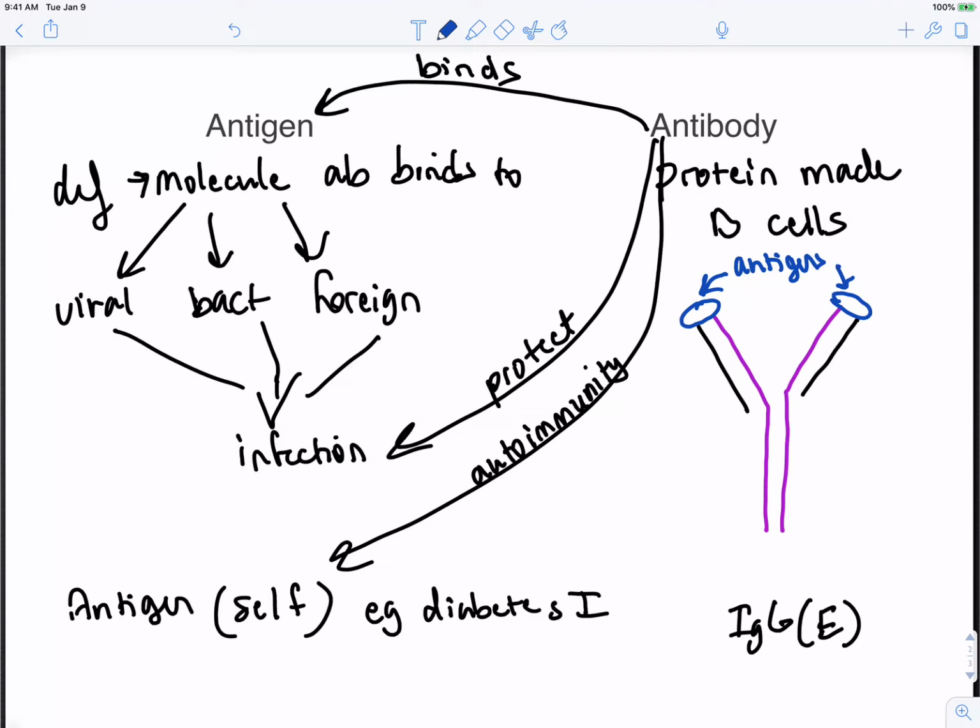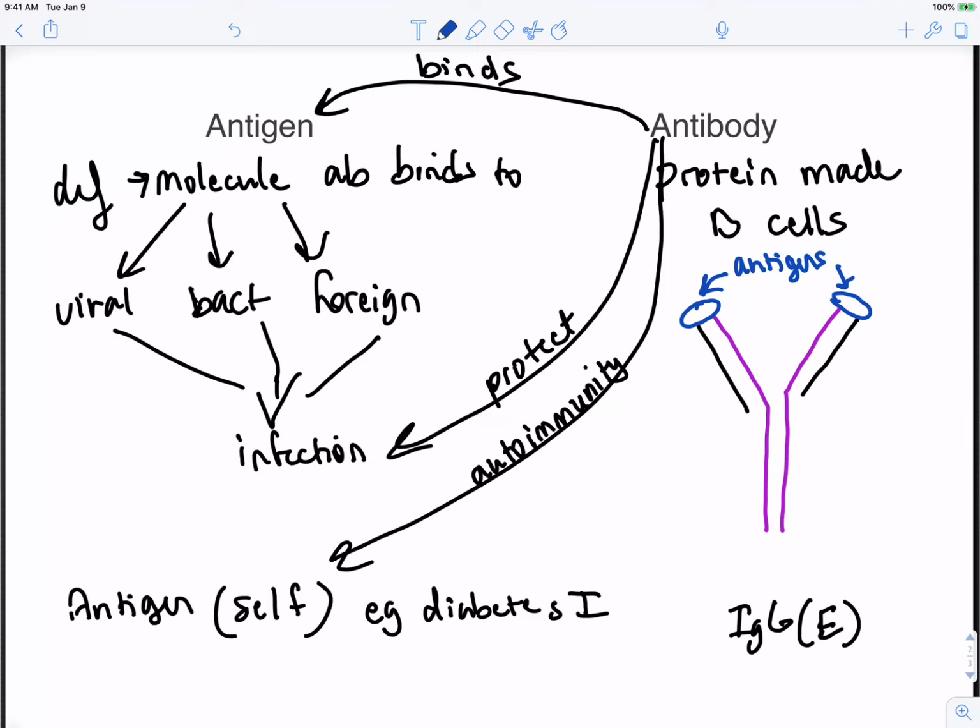And typically it's going to be a foreign antigen. It's going to be from a virus, or it's going to be from a bacteria, or something along those lines. Now, binding of the antigen is a function of the antibody molecule, but it is not what we call an effector function, so it doesn't do anything. The antibody just binds to the antigen.